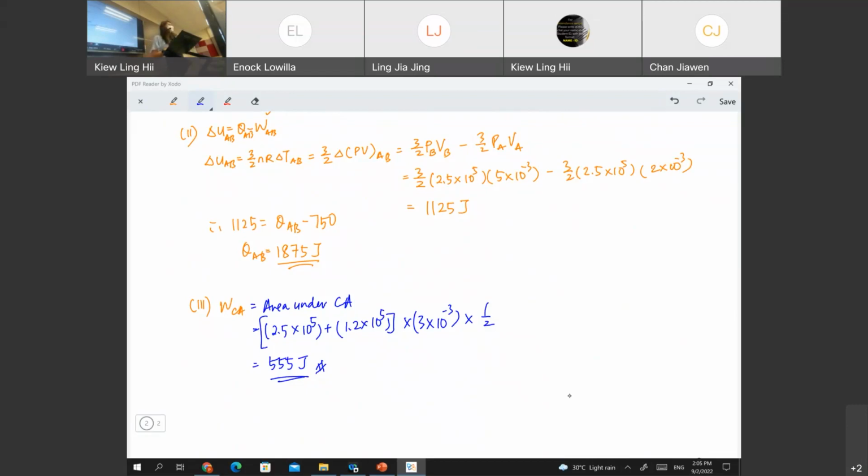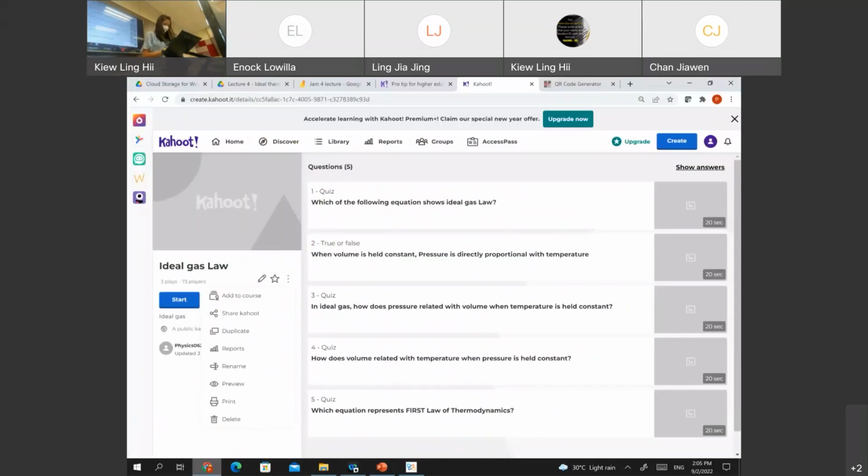Any questions? If no, there are actually two Kahoots. One is about the ideal gas law and one is about the first law of thermodynamics.